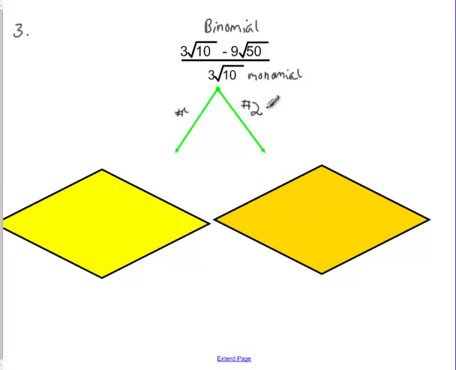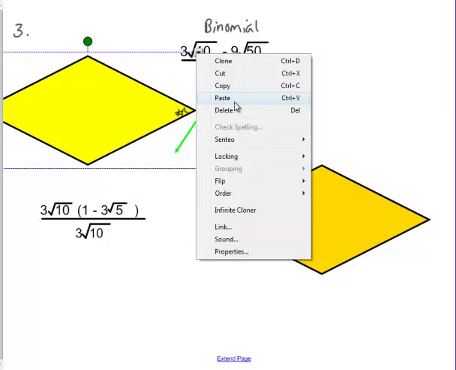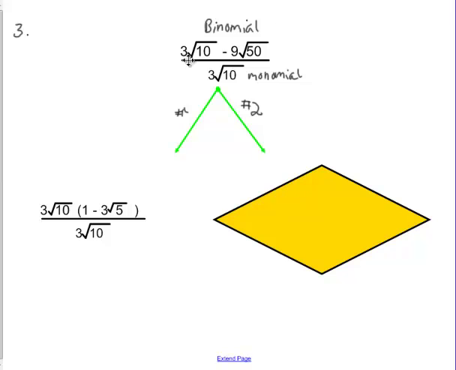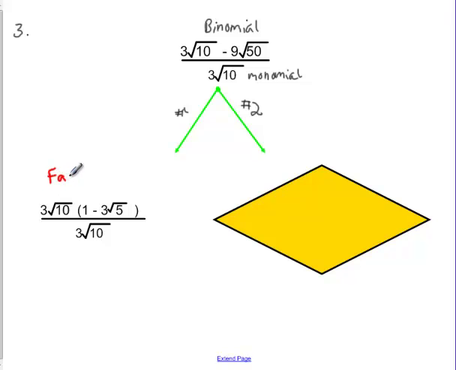So I can look at it as a factoring or I can look at it as a division. So let's look at it this way first. This way is the factoring way. And this is the way most of you won't look at it.